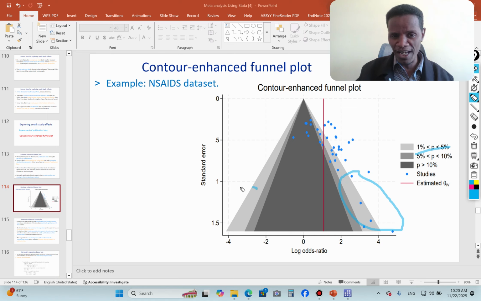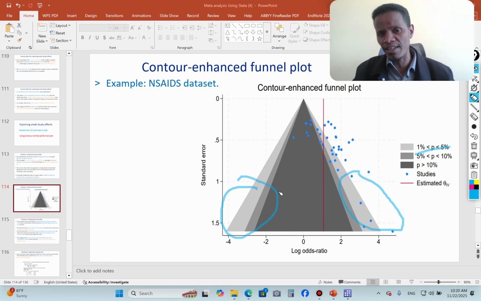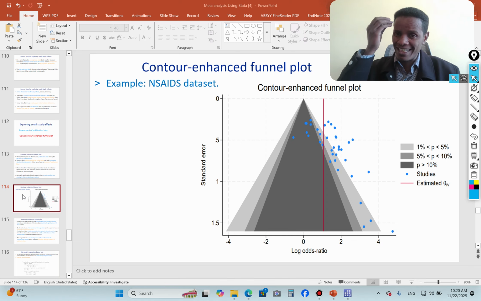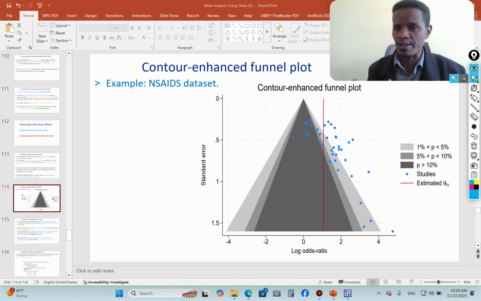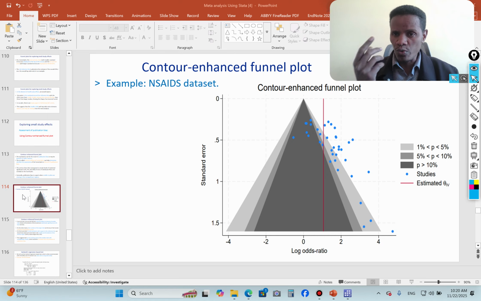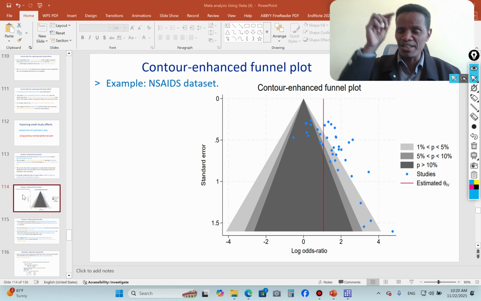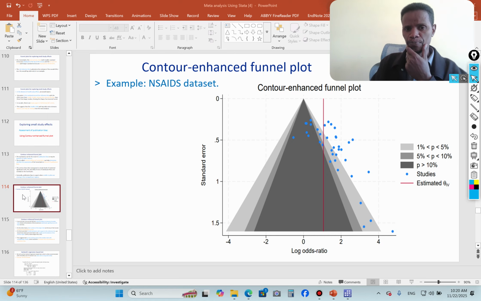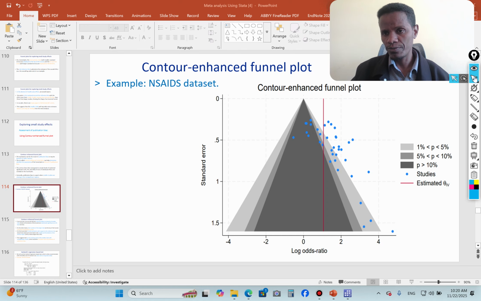But on the left side, small studies are missing over here, both in the statistically significant and in the non-statistically significant region, which is an indication of publication bias. Those with a small sample size but with statistically significant results have been published on the right side. But small studies with statistically non-significant results are missing from the non-statistically significant and statistically significant regions of the funnel plot, which indicates that there is publication bias.